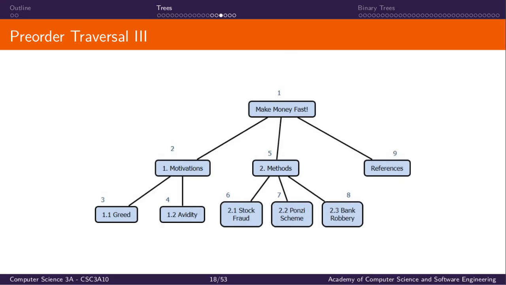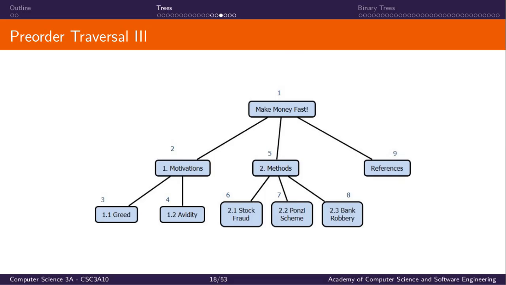Okay. So if we were storing titles and subtitles within our different internal nodes, and then bodies of text within each of our leaves, then to print this document, let's say this was a book, we would first print the title of the book.